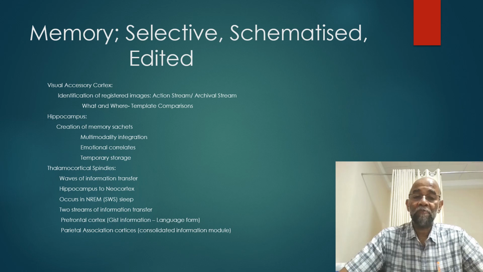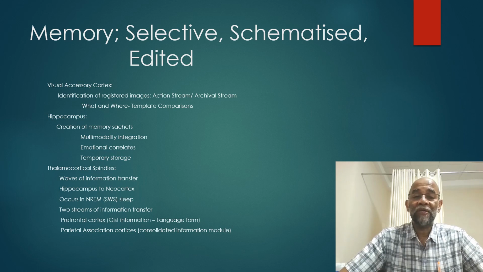Information transfer from the hippocampus to the neocortex occurs in thalamocortical spindles. These are waves of information transfer which occur during NREM or shortwave sleep. Information is transferred in two streams.